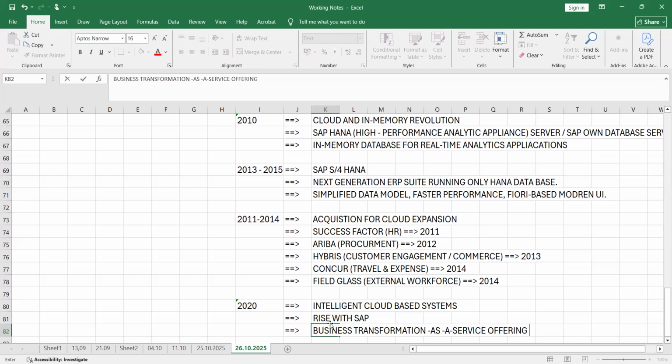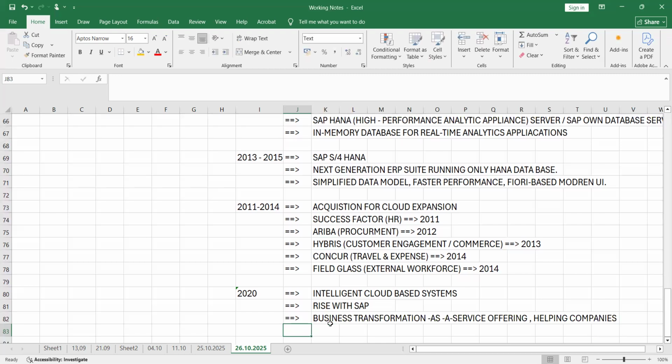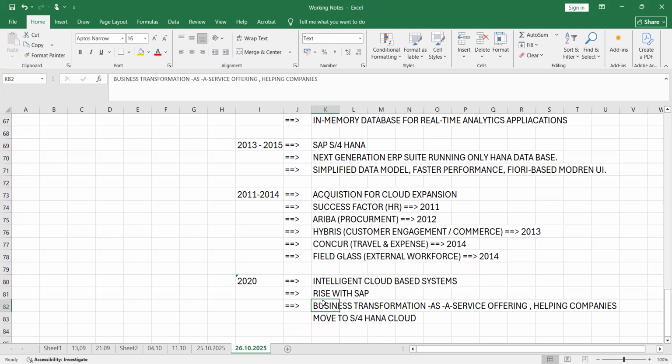Don't remember this, I'm giving it just for your idea. This service offering is helping companies, and this is the phase we are in now. Moving to S4HANA cloud, most companies are still using ECC.